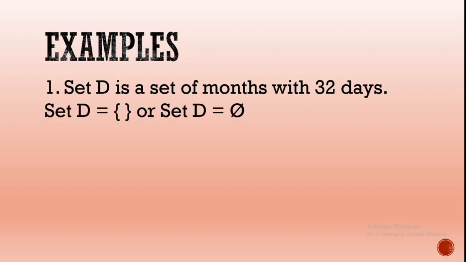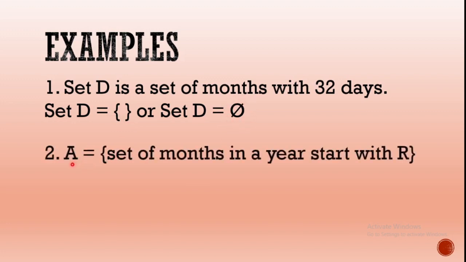So, paano nga ba natin siya isusulat? So, pwedeng set D is equals to empty. So, yung empty is symbolized as a braces. Or null set, pwede natin siyang isulat like this. Okay? Another example, set A is a set of months in a year that start with letter R. Meron ba tayo sa year natin na month na nagsisimula sa letter R?